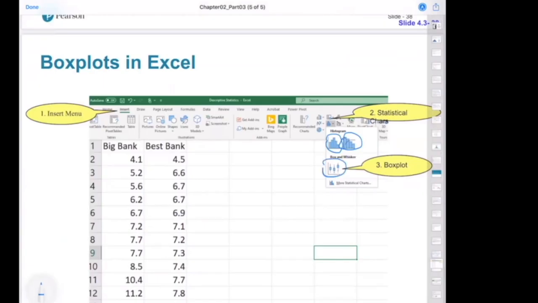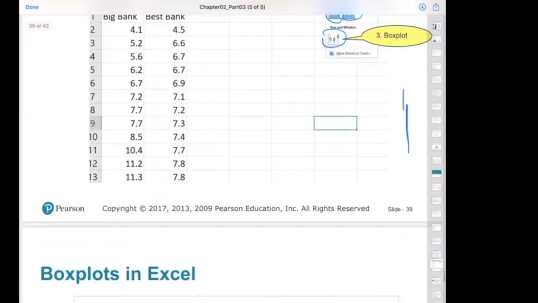Based on the number of columns or variables in your data, you will have that number of boxes in the graph. If you have just one column, you will have just one box plot. If you have two or three, you will have two or three boxes. Because we have two columns here, you will have two boxes on the same graph, like this.